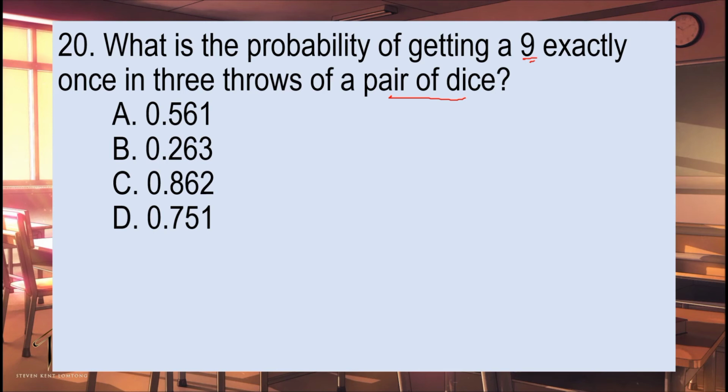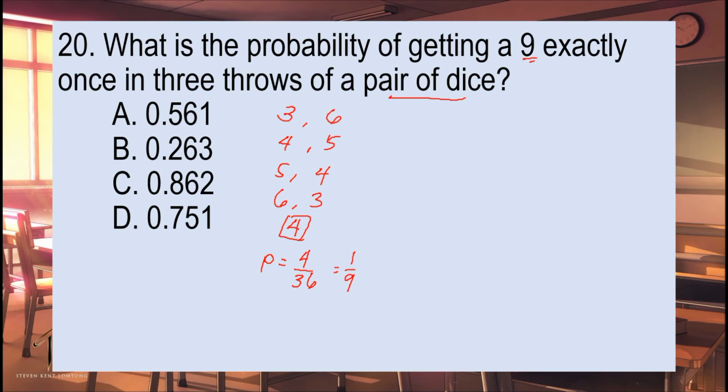In order for us to get a 9, we have the pairs 3 and 6, 4 and 5, 5 and 4, and 6 and 3, of course. So we have 4 out of 36, right? So our probability is 4 out of 36, and that is equal to 1 over 9.